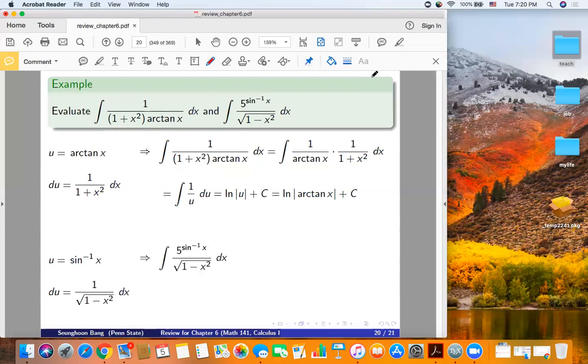So we can change it to 5 to the inverse sine x times 1 over root 1 minus x squared dx. We can change it to the integral of 5 to the u, where inverse sine of x is u, and 1 over root of 1 minus x squared dx is du. We have a simple form. Integral of 5 to the u du is 5 to the u over ln of 5. Change back: 5 to the inverse sine of x over ln of 5. That's it. This is the whole idea.